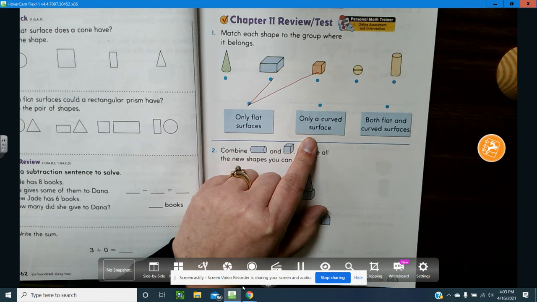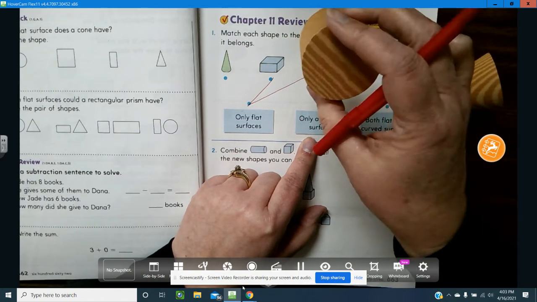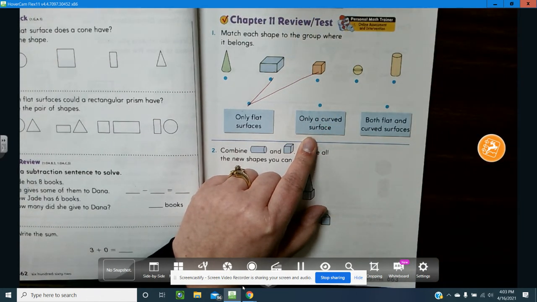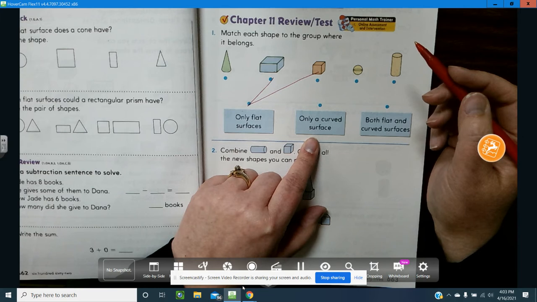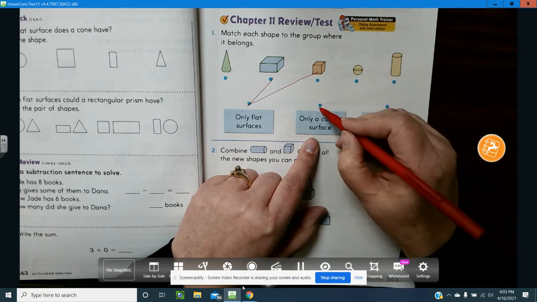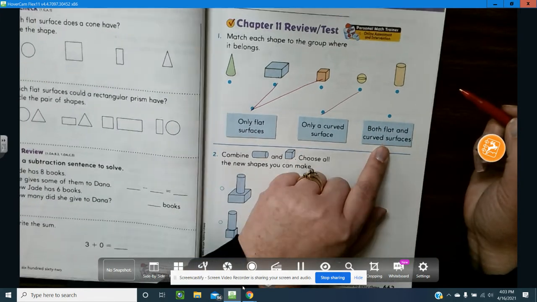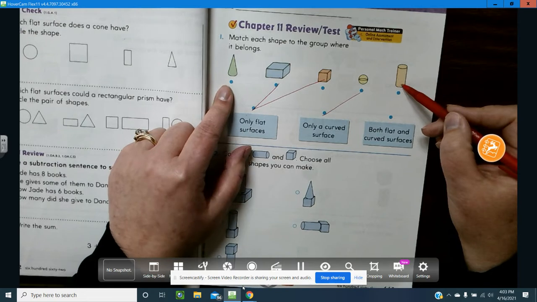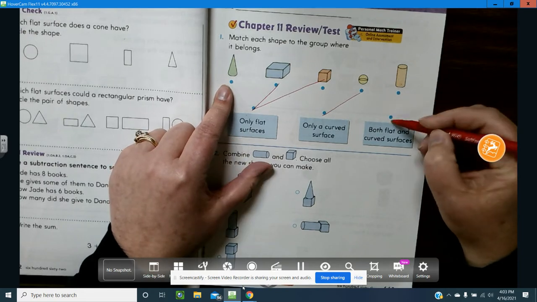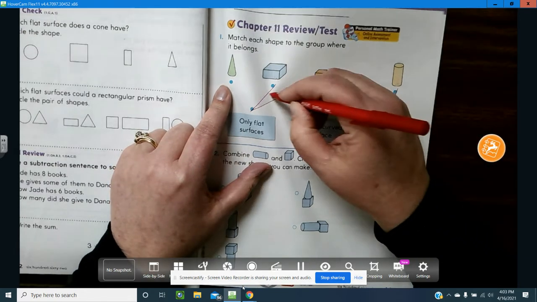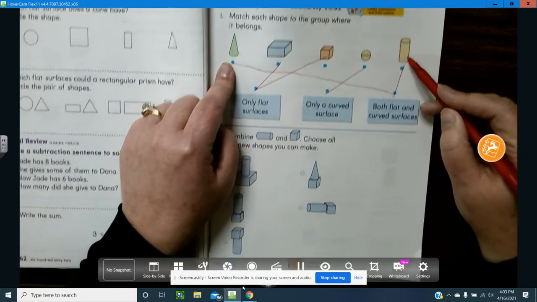And we learned that a cylinder has 2 flat circles. So the only one that's all curved and no flat is the sphere. And then these 2 have both flat parts and curved parts. So we're going to draw to those 2.